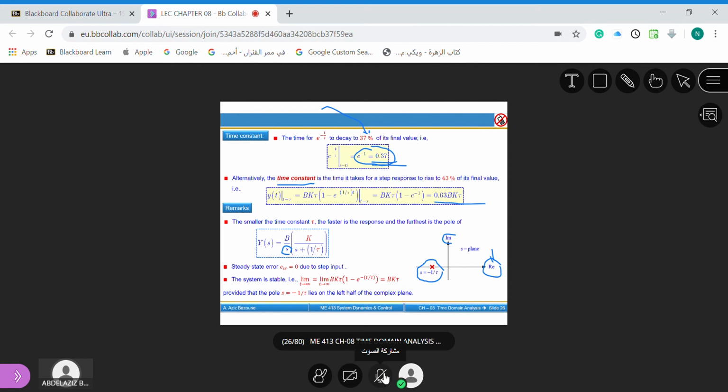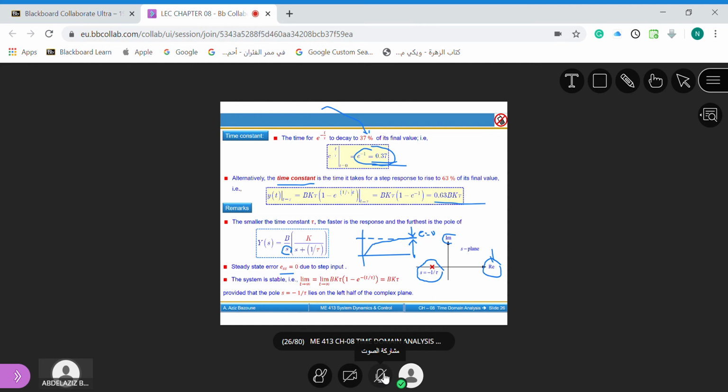It's located on the real axis. The steady state error ess is equal to 0 when it goes to the final value. This is the response, and there is no difference. Steady state error is equal to 0.